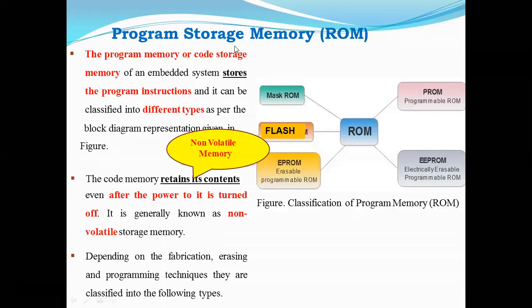So what is a program storage memory? That is the ROM, right? So you know, in the desktop, when you run the desktop, immediately you can see on the screen Windows 7 or whichever operating system you have installed, it will first boot up. So you must be thinking where this operating system is stored.